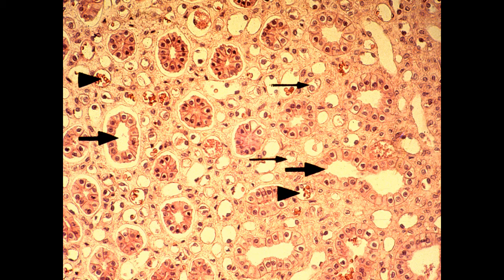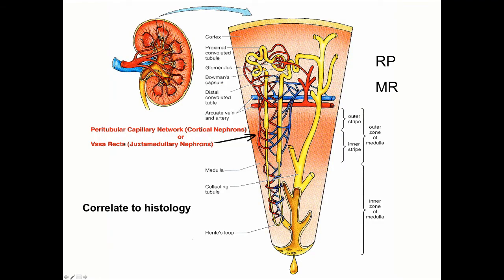are in the kidney. So for example, here is a histological profile where I see sections of vasa recta, like so, at these thick arrowheads, and sections of collecting ducts, like so. You also need to keep in mind the concept of a renal pyramid in relation to the medullary rays.